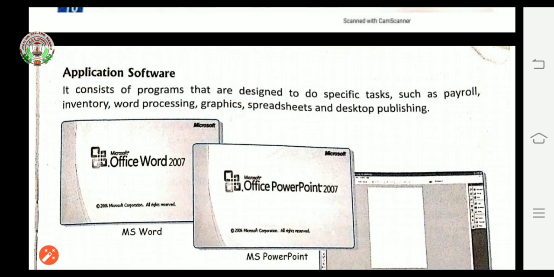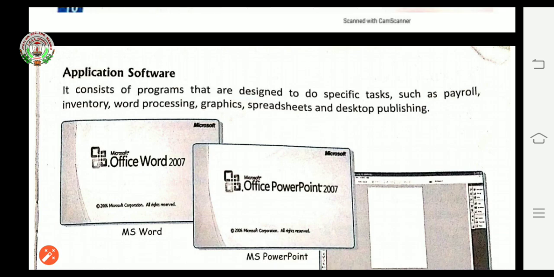Some examples are given. First is payroll, a list of a company's employees and the amount of money they are to be paid. Inventory is a record of the quantity of goods in stock. Word processing is the use of a computer to write, store or print text. Graphics is related to visual art.